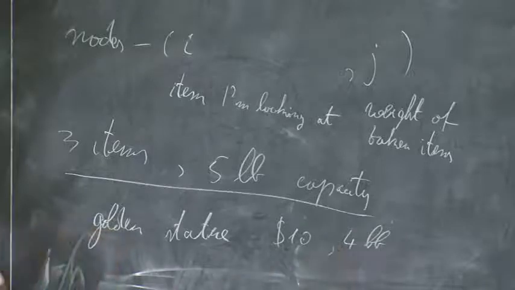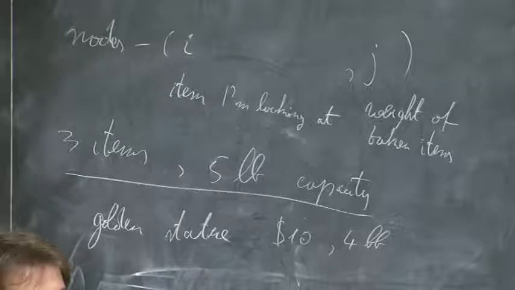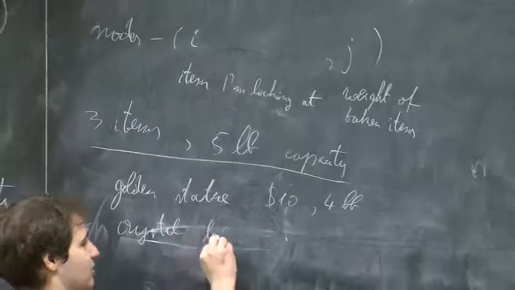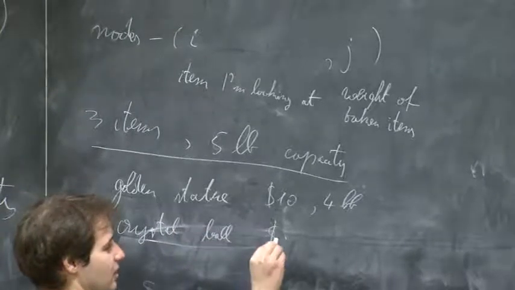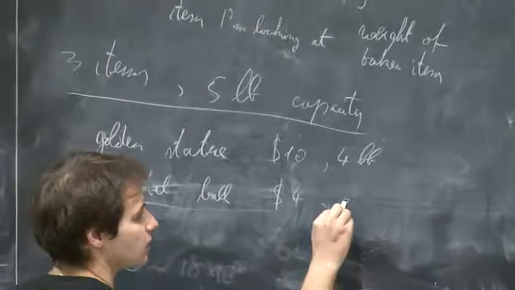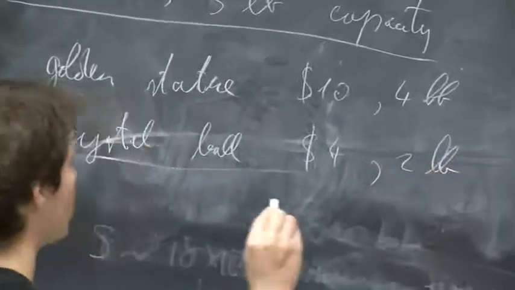These are $1,800 when money actually used to be worth something. Crystal ball. You can sell this for $4 and it weighs 2 pounds.